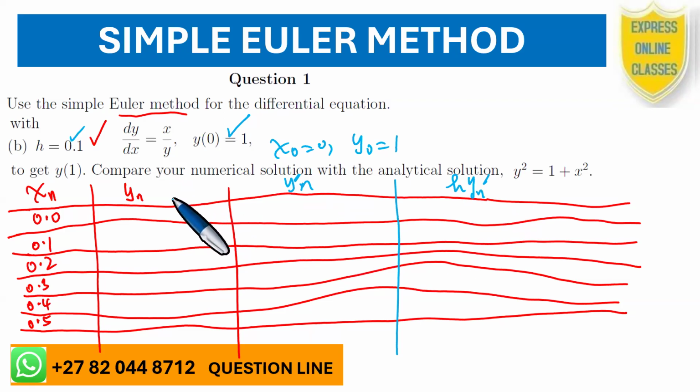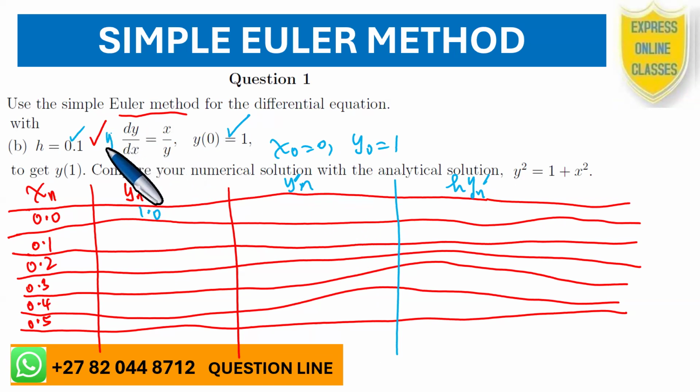For example, if we are to go through this table in a way that will make life very easy, we start with x0, which is 0, and then y0 is 1. You can write it as 1.0 to 1 decimal place. Right, so now we say yn primed.